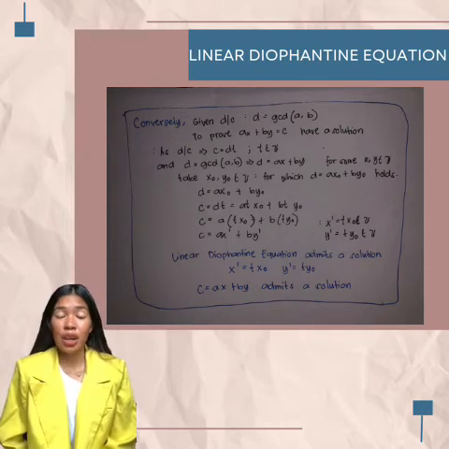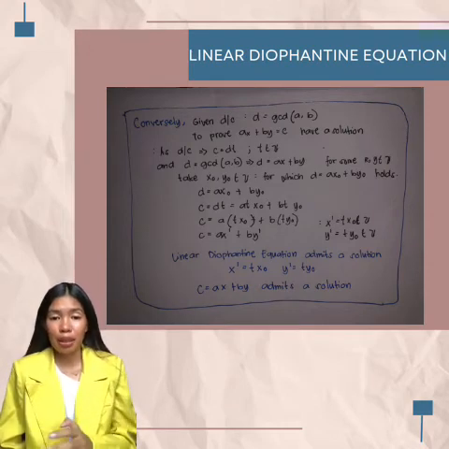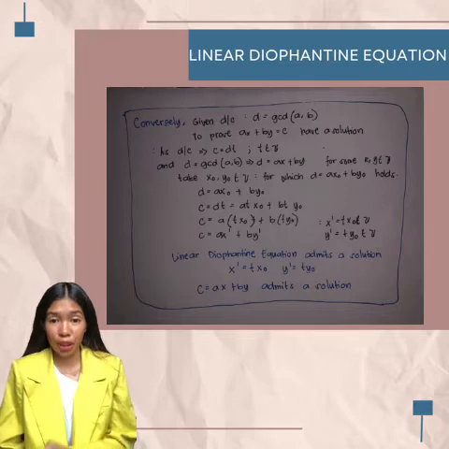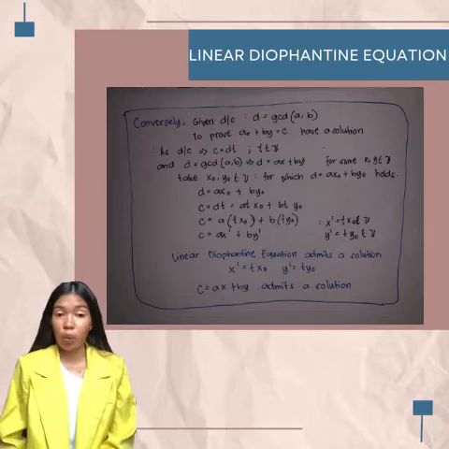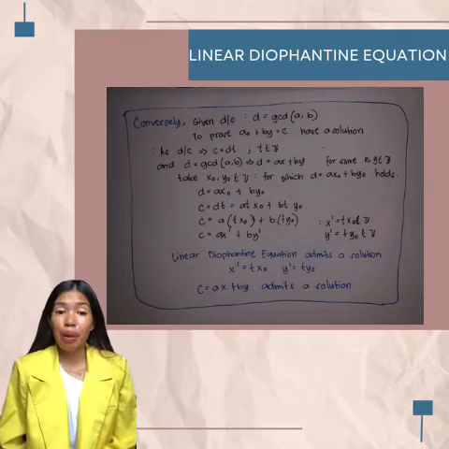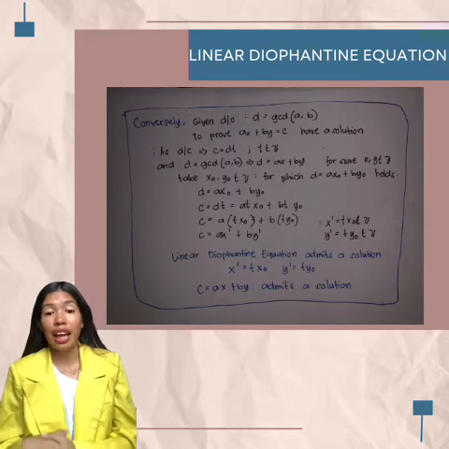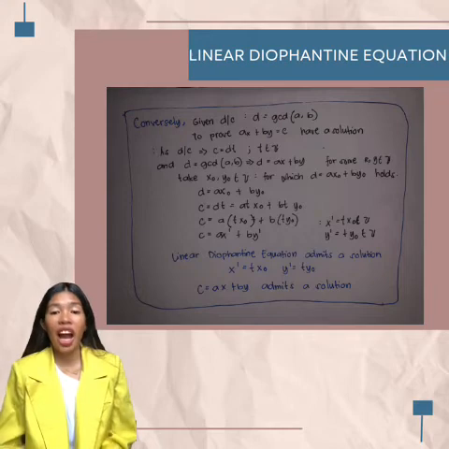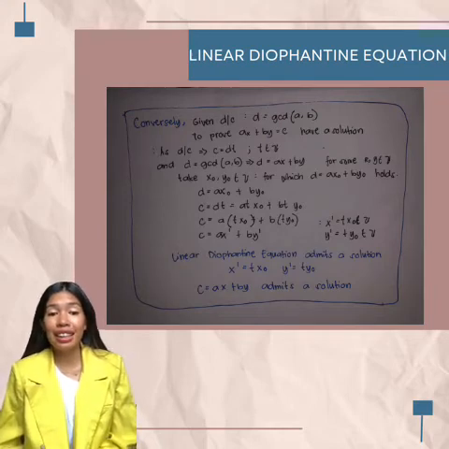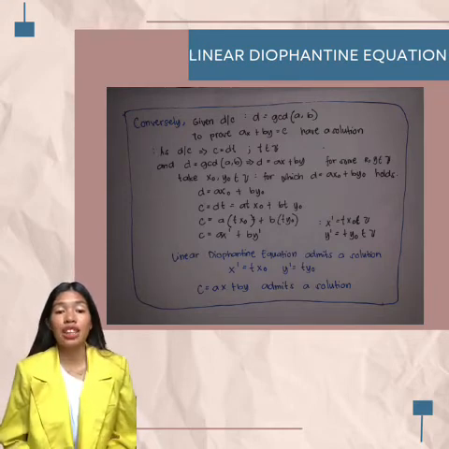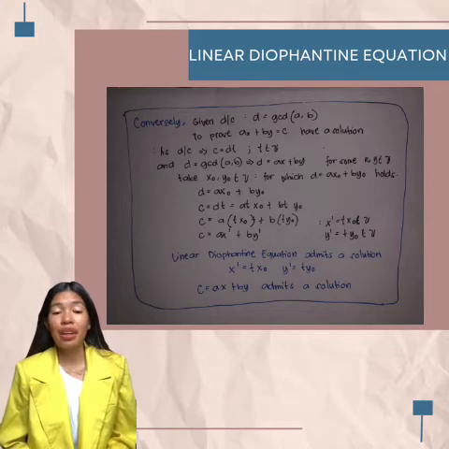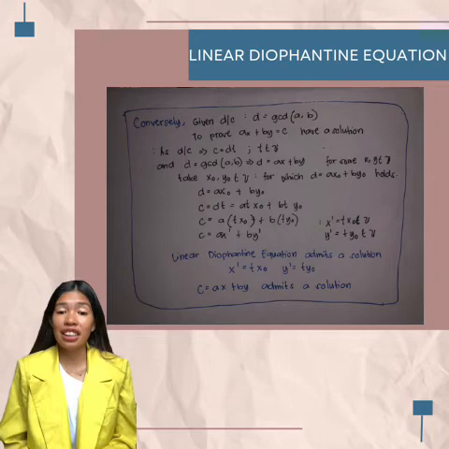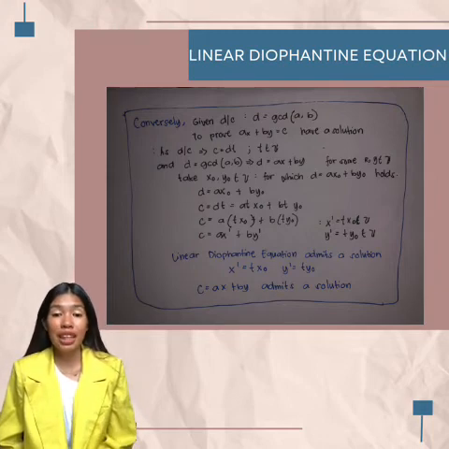Now, once we know that D is equal to ax naught plus by naught, which holds for the particular values of x naught and y naught, multiply t on both sides, so this becomes dt equals at x naught plus bt y naught. And we already know that dt is the same as c, so just replace this by c. So we get c equals a times t x naught plus b times t y naught.